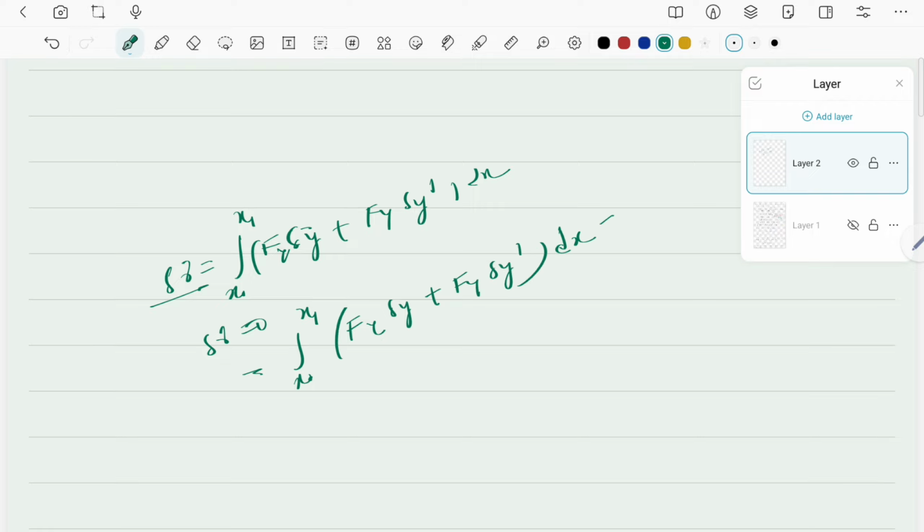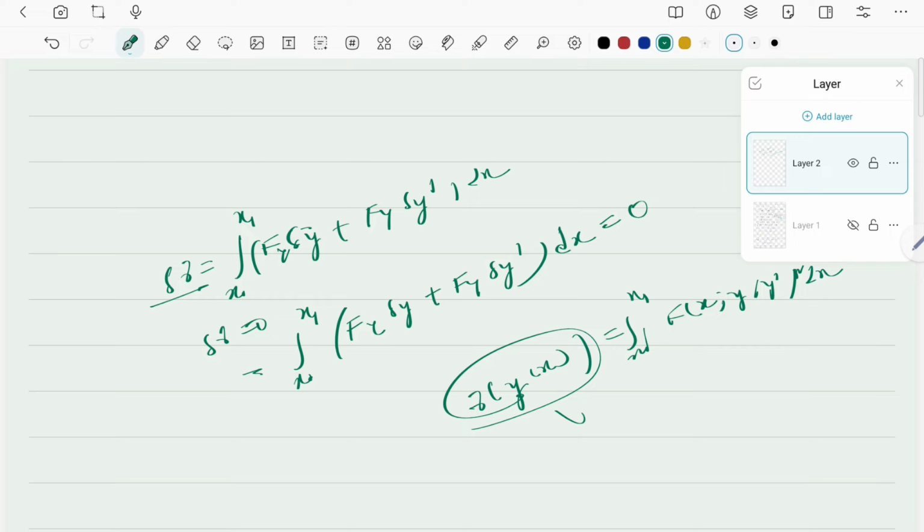Earlier we discussed that gamma of y of x is equal to the integral from x0 to x1 of f of x comma y of x comma y dash of x into dx, and we have to equate the functional to 0.